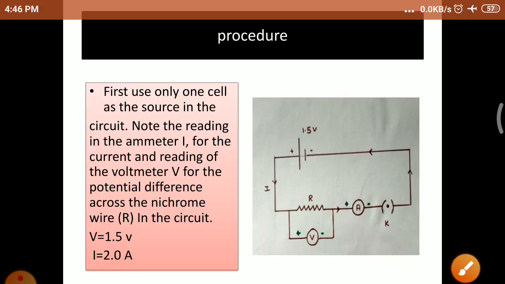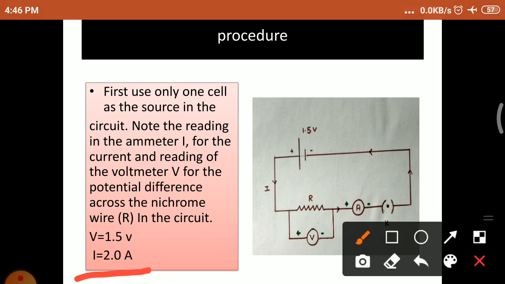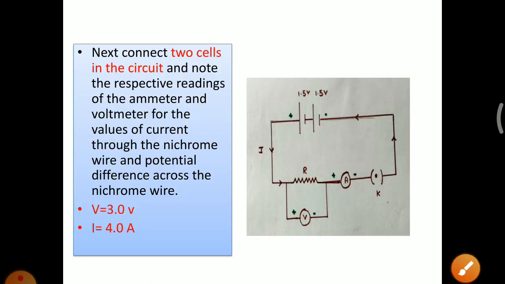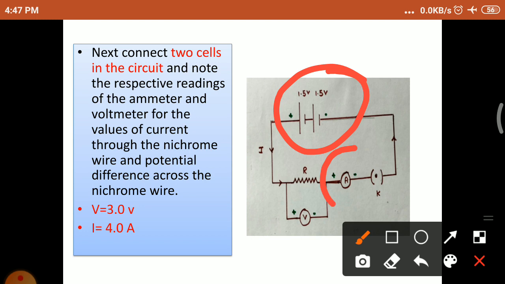In the first case, the ammeter shows 2 ampere and the voltage is 1.5 volt. When I connected the two cells, the voltage increased and the current also increased. So from this we can say that the potential difference is directly proportional to the current, because when the potential difference is increasing, the current value also increases.